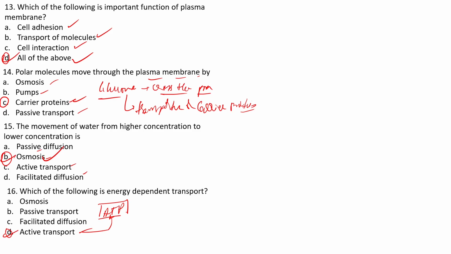Remember one important point: active transport moves molecules against the concentration gradient. Whereas facilitated diffusion, passive transport and osmosis are all down the concentration gradient. As a result, they don't require energy. So let us remember this point.